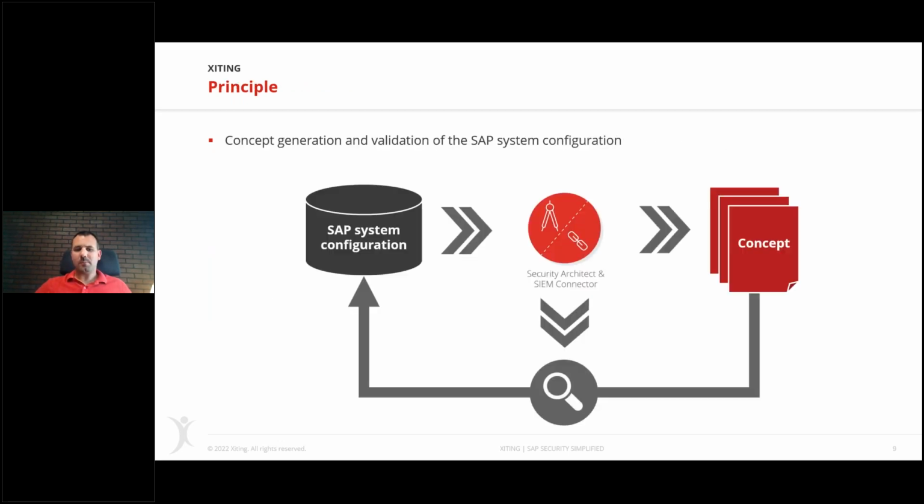So how does it basically work? It's very simple. We have the security architect, and in the security architect, we define our concept. Obviously, we have in most cases more than one concept. We have a concept for, let's say, our ABAP based system. So we have an ABAP guideline, but then maybe we have a GRC, SAP access control system.